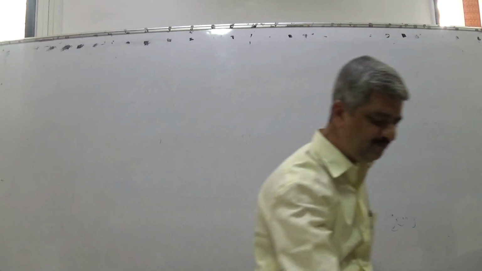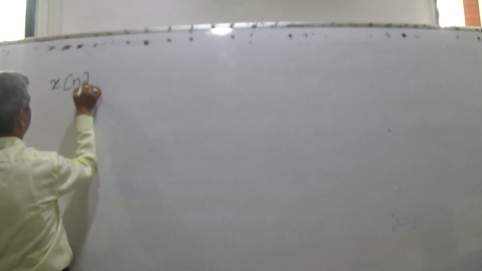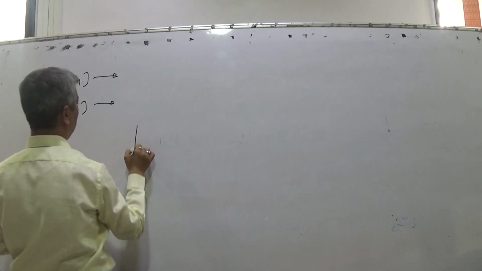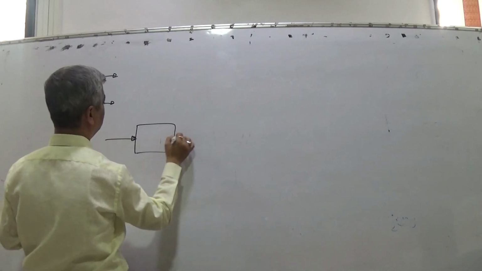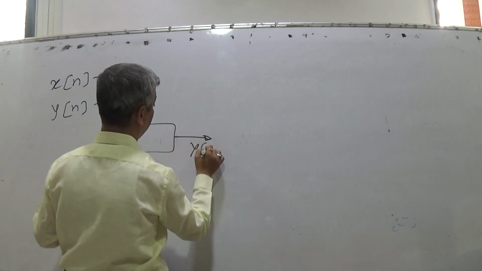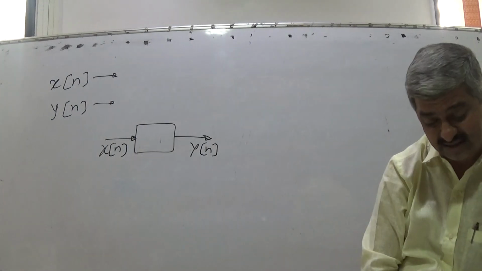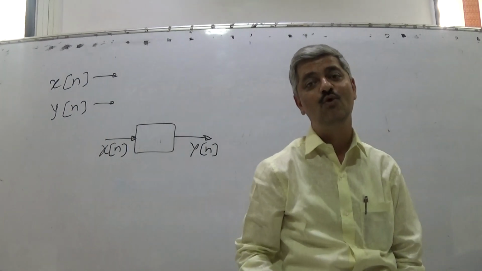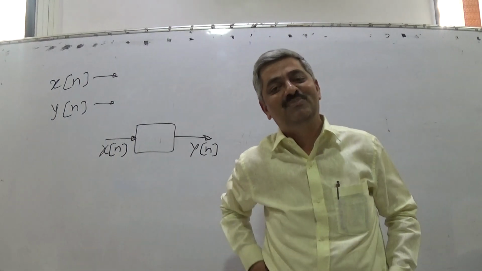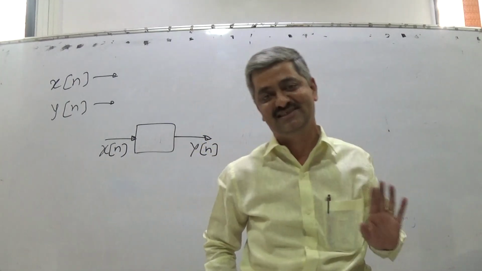As clearly stated, we have an input sequence x[n] and an output sequence y[n]. x[n] is given to a system and y[n] is obtained. What we discussed till now are linear and time invariant systems.